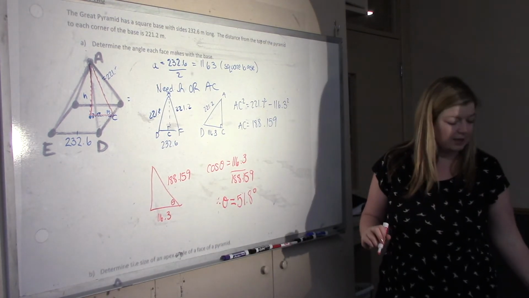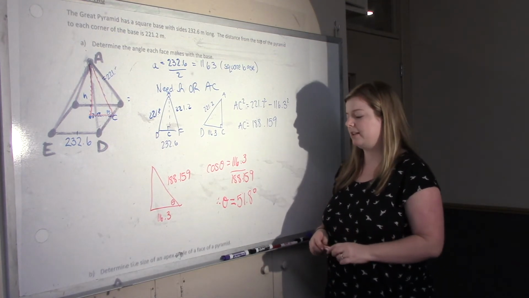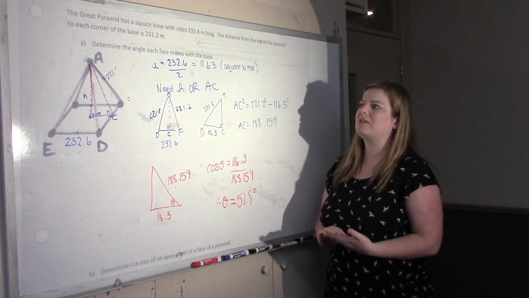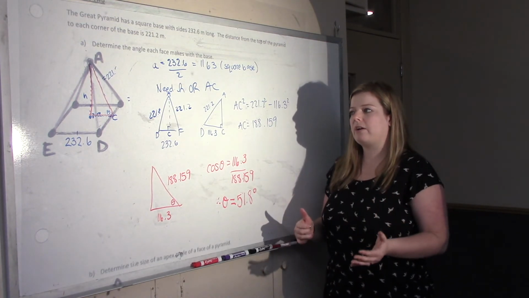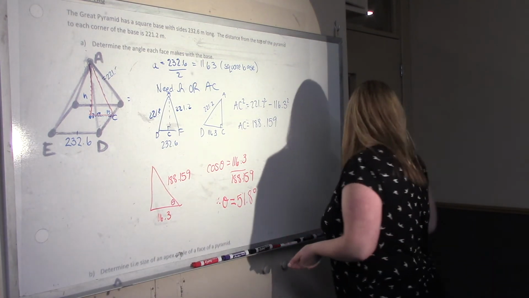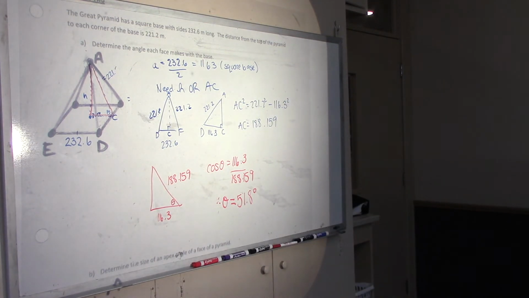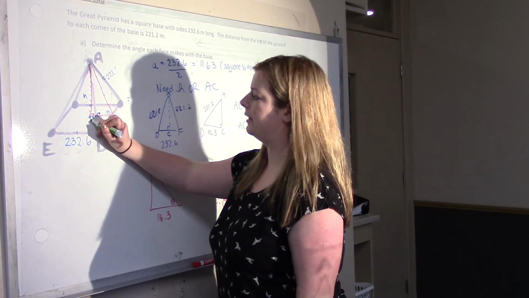So that's the solution. You'll see that without drawing a diagram, this is pretty much an impossible question, because A, you won't even understand what angle they're asking you for, and B, you won't understand where all the right triangles are. Now, there is another way to solve this, where you create another right triangle down here, in this little section.